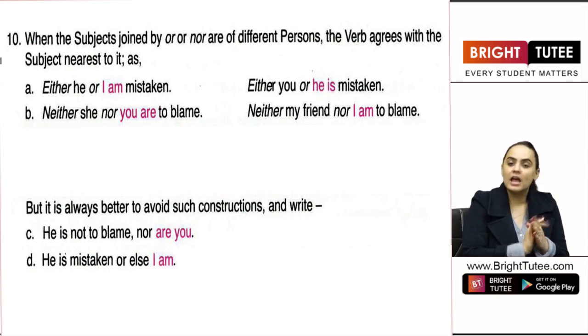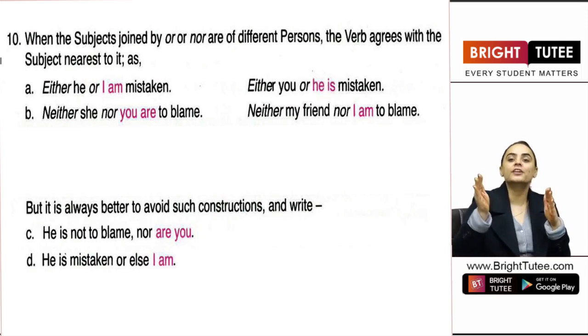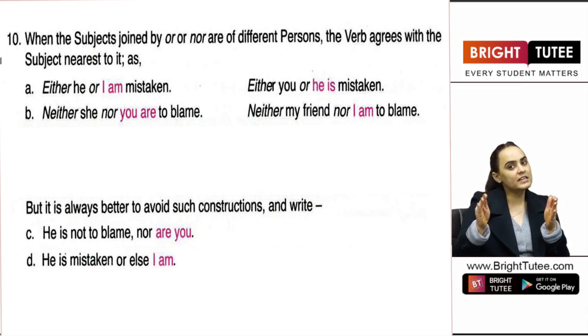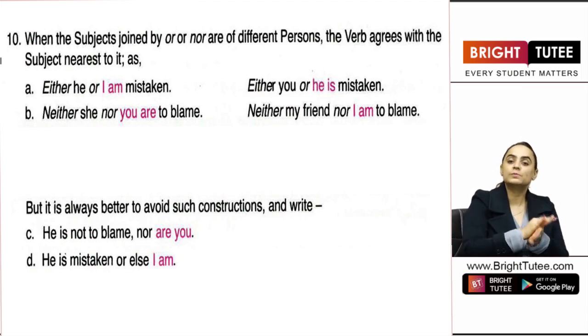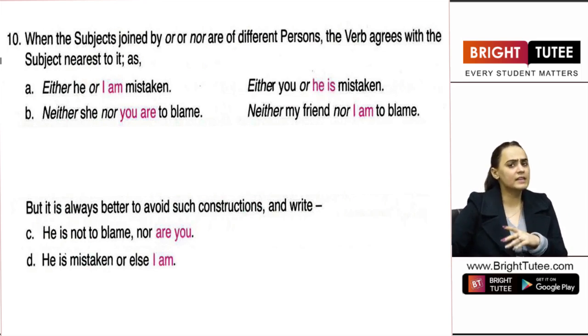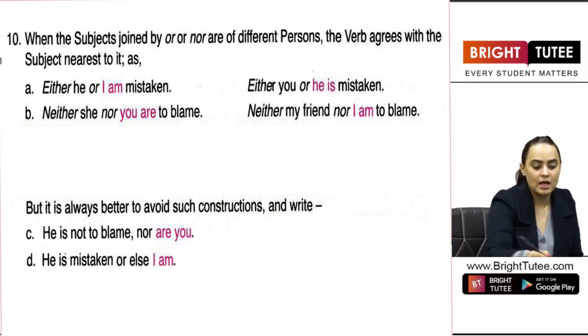That means if the subject nearest to the verb is singular, the verb will be singular. If the subject nearest to the verb is plural, the verb will be plural. Let us understand with the help of examples.